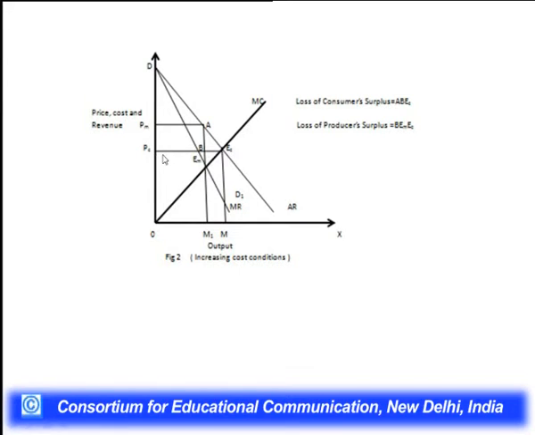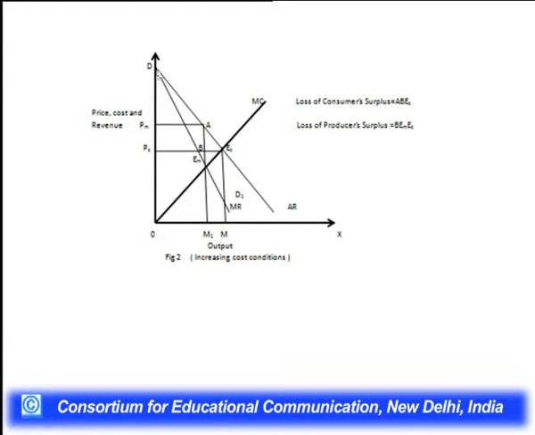Now, we will see again what is the consumer surplus at this price. When the consumer wants to buy OM units of the commodity, he is ready to pay O, D, EC and M. This is the total payment he is ready to pay, but the actual payment is O, PC, EC and M. This is the payment done by the consumer in the market.